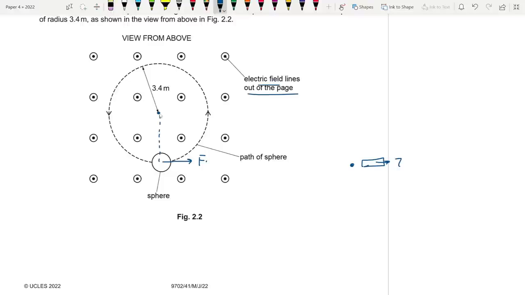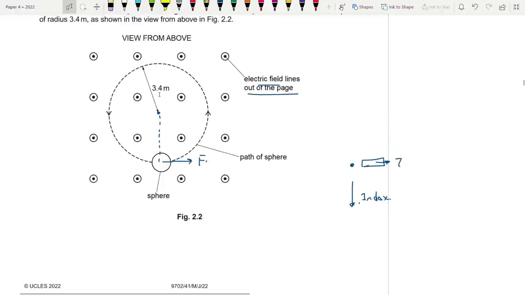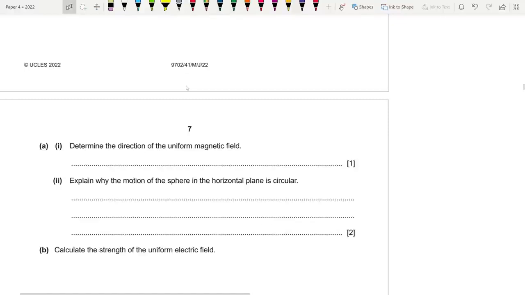Where is the index finger located? Isn't it going downwards? So thumb on the right, middle finger out of the page, the index finger should be pointing vertically downwards, and that is the direction of the magnetic field line. So it should be vertically downwards.